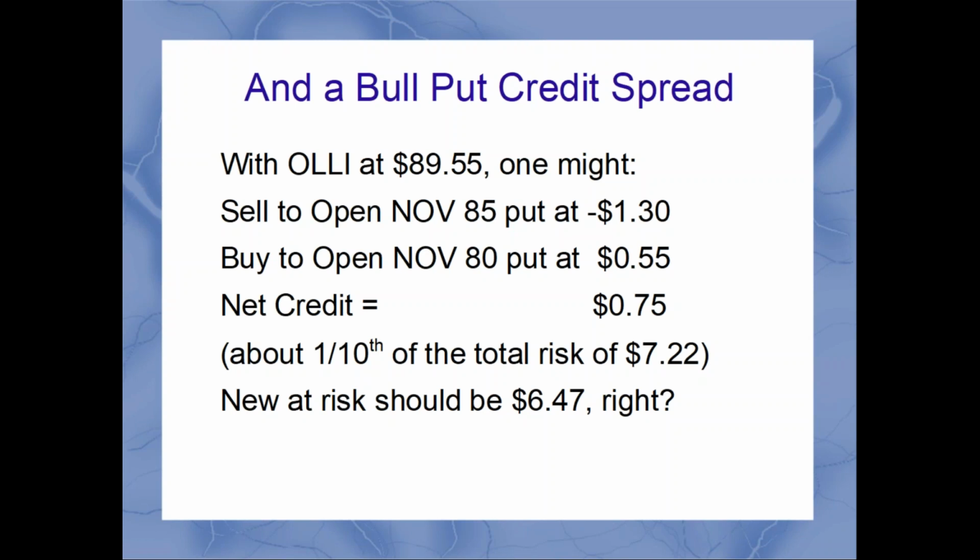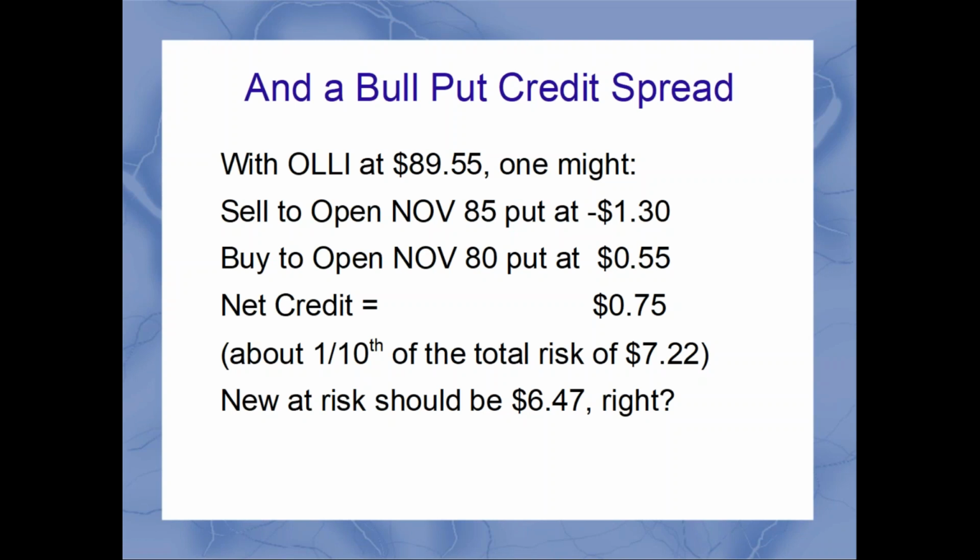Now, remember the true risk was 7.22, the time value, the at-risk amount on the Ollie radioactive trade. Generating 75 cents for about a 1-month trade is only 1/10 of the total at risk. So it might take you 10 cycles to be able to pay off that and bulletproof the position with this approach. But we did generate 75 cents.